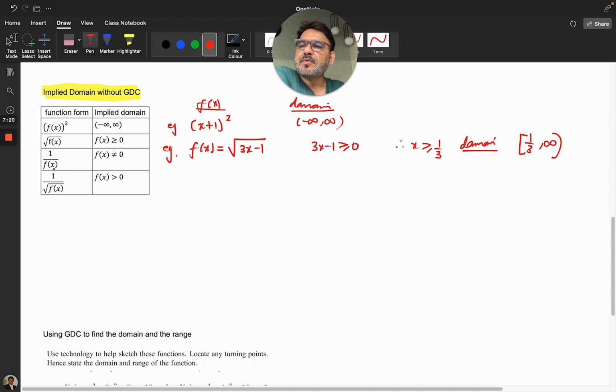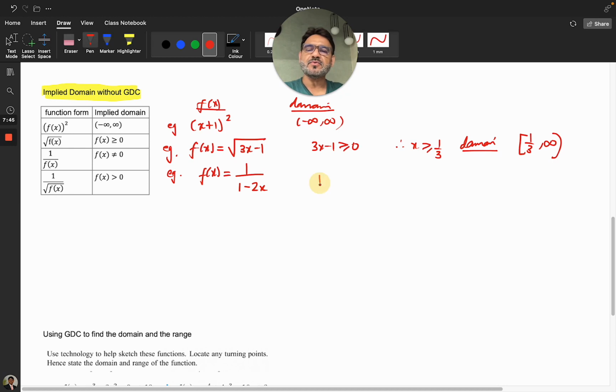If you have 1 upon f(x), then its domain is where your function is not equal to 0. Example 3. Suppose they've given a question: find the domain of this function, 1 over 1 minus 2x. I'm just giving you an example. So 1 over some reciprocal function. You must learn this table for the implied domain.